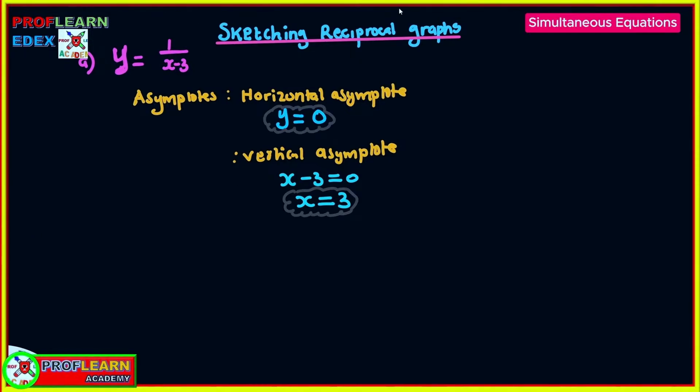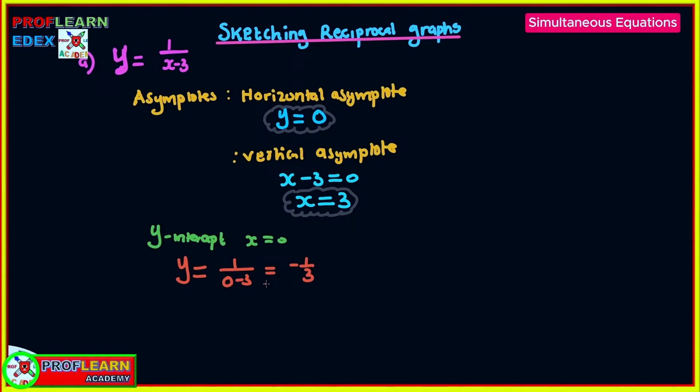Now, something else that you need to know to sketch curves is the intercepts. In this case, we need the y-intercept. And remember, for the y-intercept, x equals 0. So we can substitute x equals 0 into the equation that was given, and then we shall get y equals -1/3.